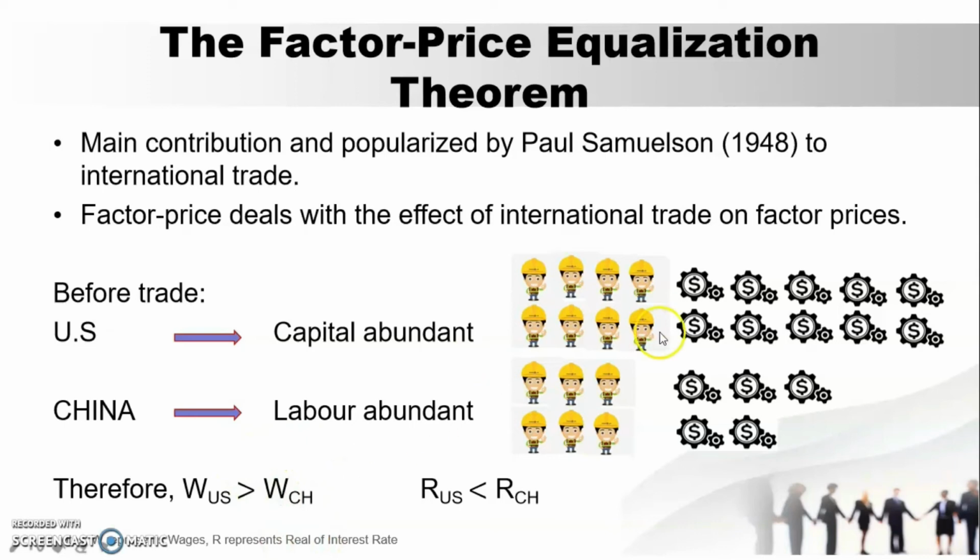This is because the US is the capital-abundant country and China is the labor-abundant country. And the real interest rate also shows different results, in which the real interest rate in China is greater than in the US.